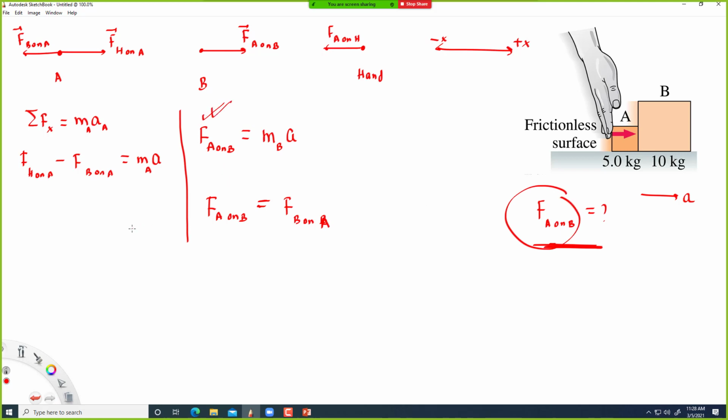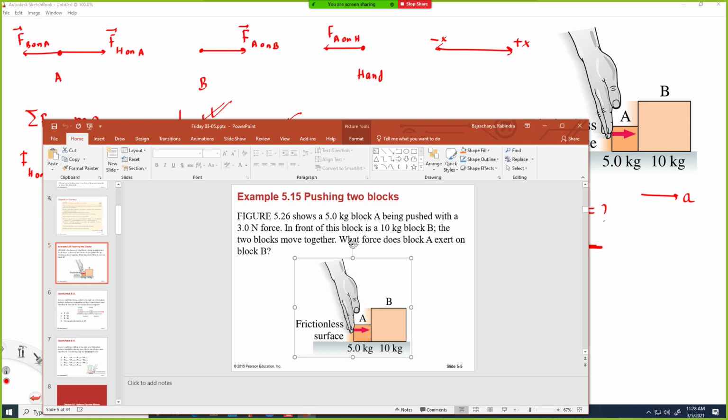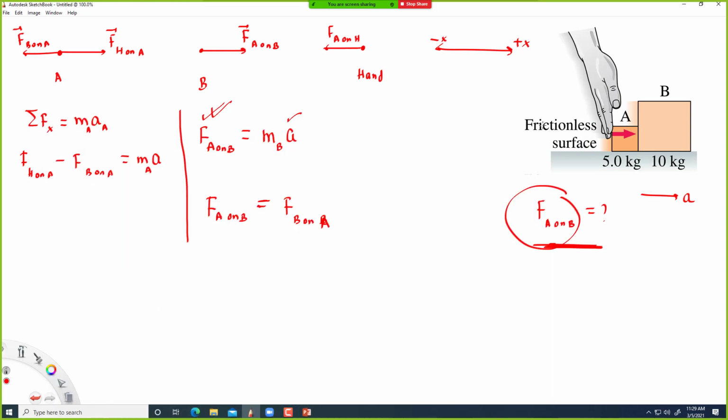Okay. And we don't have acceleration, so we want to somehow get rid of acceleration. The question doesn't give us acceleration. Let's go back to the question. Yeah, the question doesn't have acceleration. So we need to eliminate the terms that are not given. So think about how to eliminate this a and this a. How should we do that?